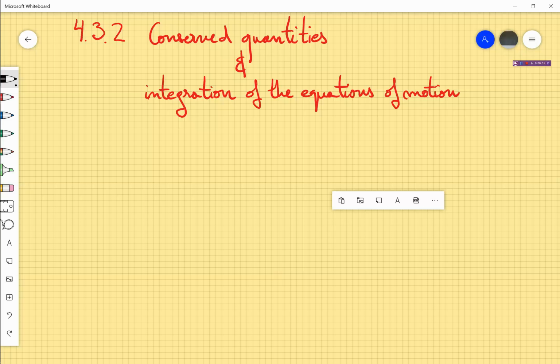In the previous videos, we have obtained the action of a point particle moving in a gravitational field, and we have also derived equations of motion that express that the proper acceleration of the particle is zero if it is a free-falling particle.